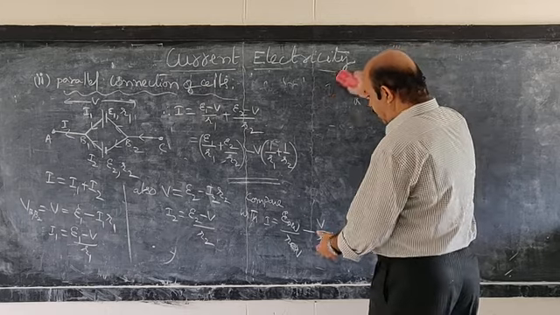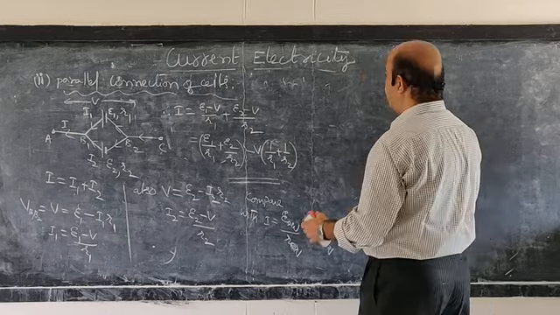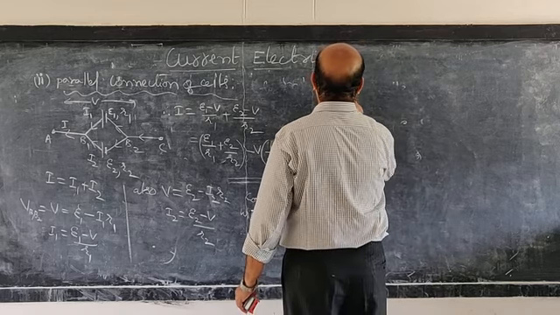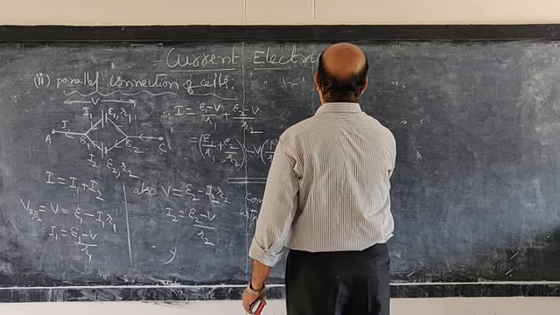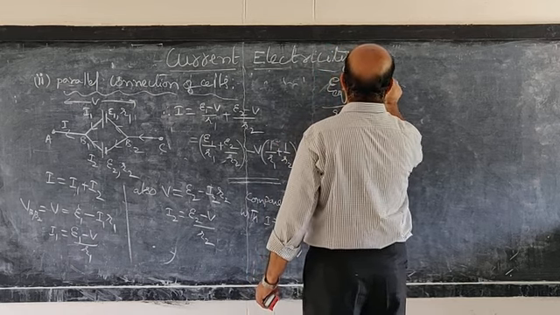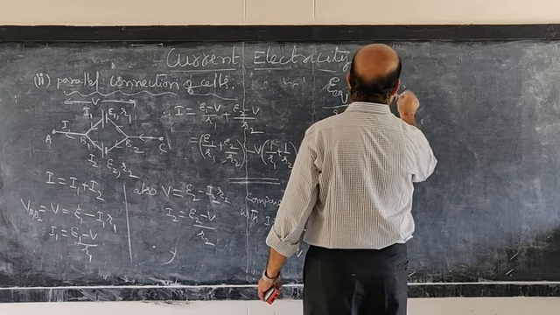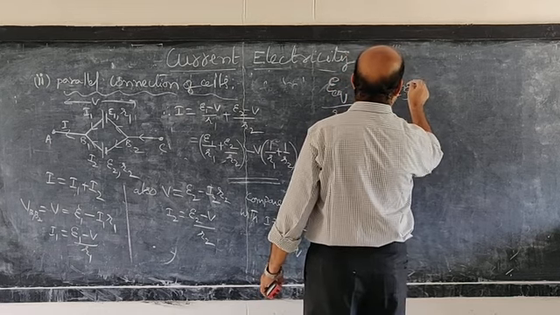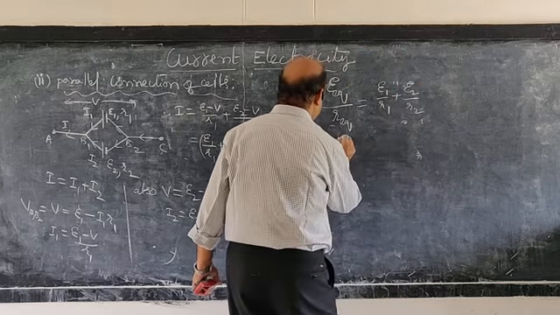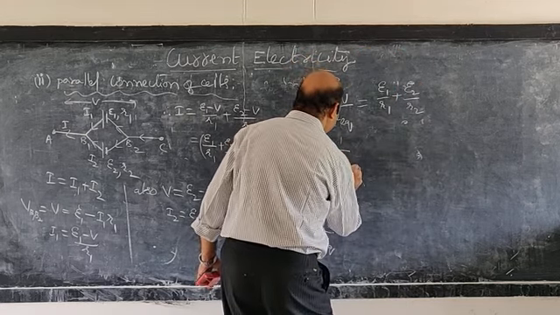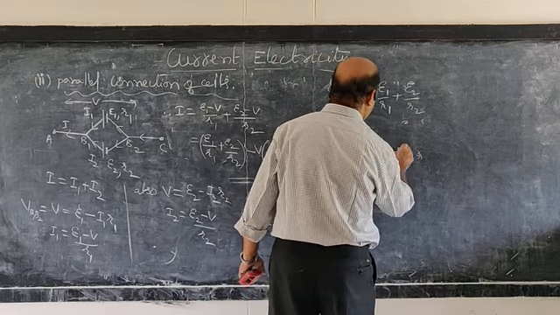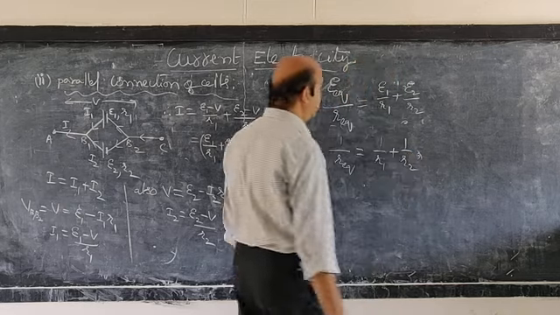So comparing this equation with this, we can easily say that the equivalent EMF by equivalent internal resistance is given by E1 by R1 plus E2 by R2, and similarly the reciprocal of equivalent internal resistance is given by 1 by R1 plus 1 by R2.